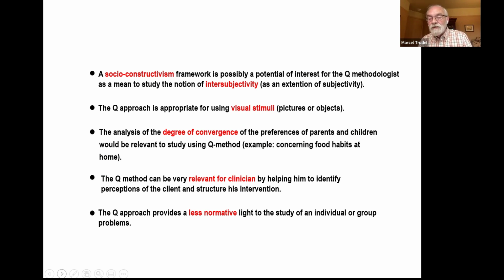Example, nutrition. I have a colleague in Montreal, a specialist in nutrition. When I talk about the Q method, she said she worked on obesity of children and said, Marcel, we don't know what's the influence of the parents on the children about their obesity.